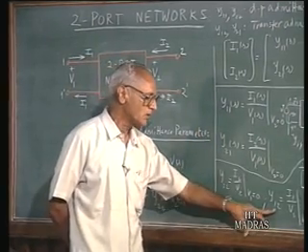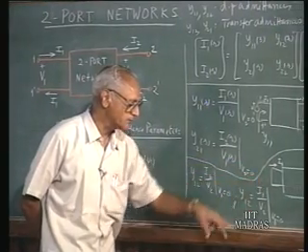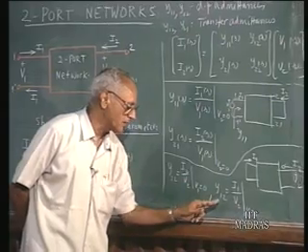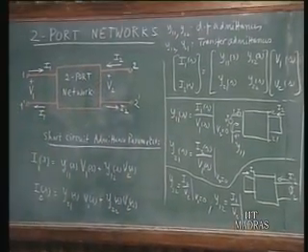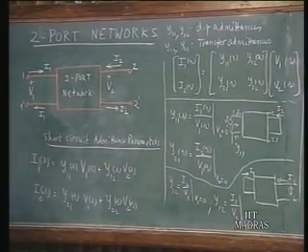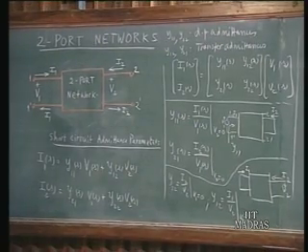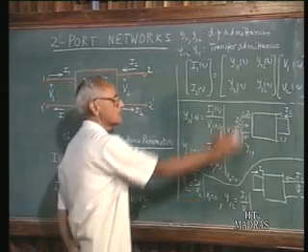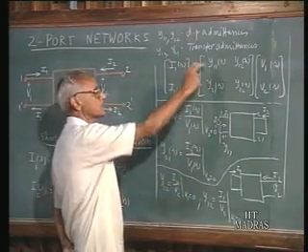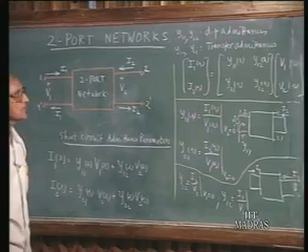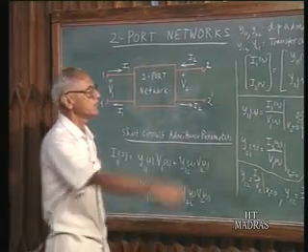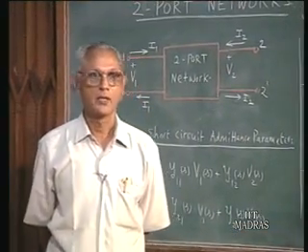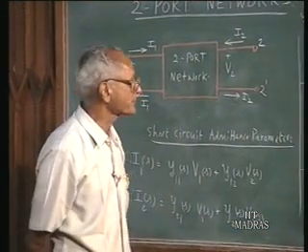For y12, the response location is I1, port 1, the excitation is at port 2. So, I1 by V2 and this is y12. So, there is an order in writing out these subscripts. The first subscript refers to the response location, the second subscript to the excitation location, and that is also in accordance with this matrix notation. The first subscript gives the row address, the second subscript the column address, and that is exactly what we have here also. So, there is some consistency in writing down these equations, and you should keep that in mind when defining the other parameters.